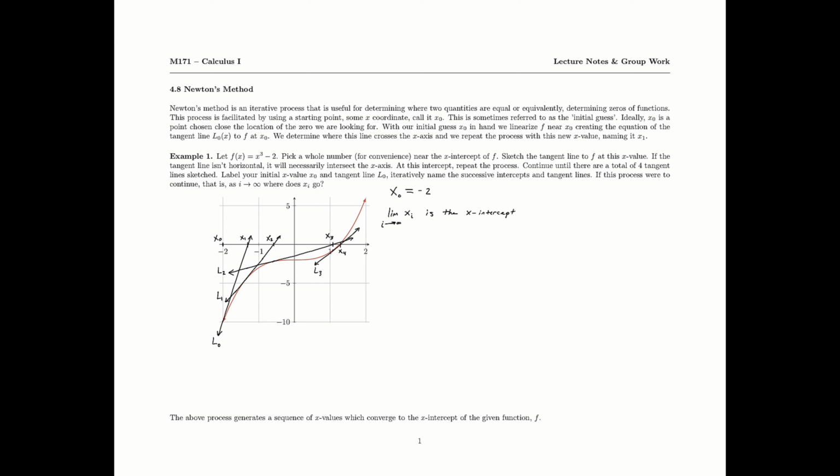And in this case, the x-intercept is whenever x cubed minus 2 equals 0, which is the cube root of 2. So in this case, it would be the cube root of 2.